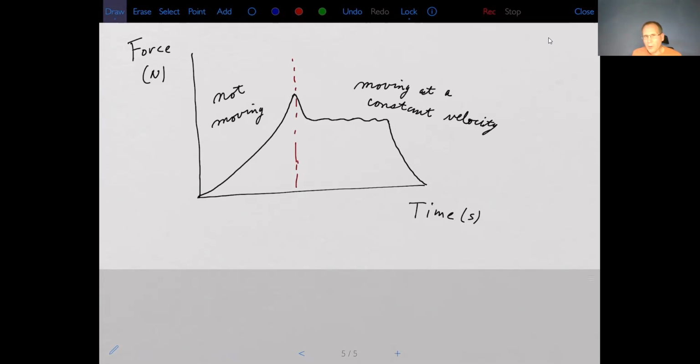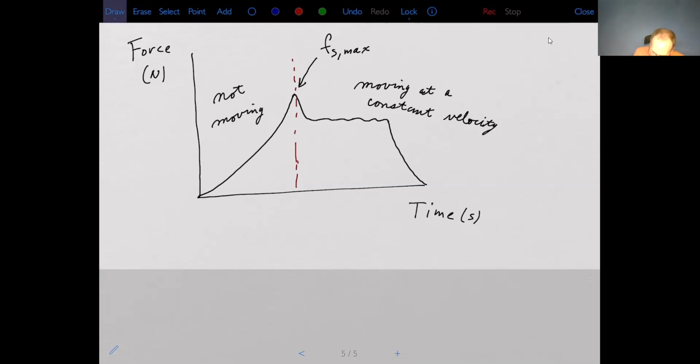So how do I get those measures of Fs max, the maximal static frictional force, and the kinetic frictional force? Well, the peak of this graph right here, that peak is Fs max. So when I did that graph, I found the peak of the graph.